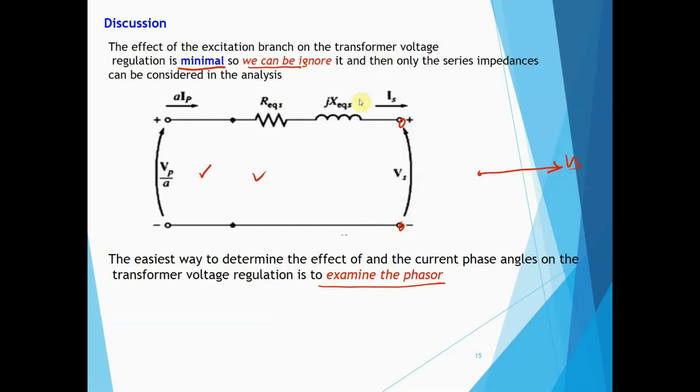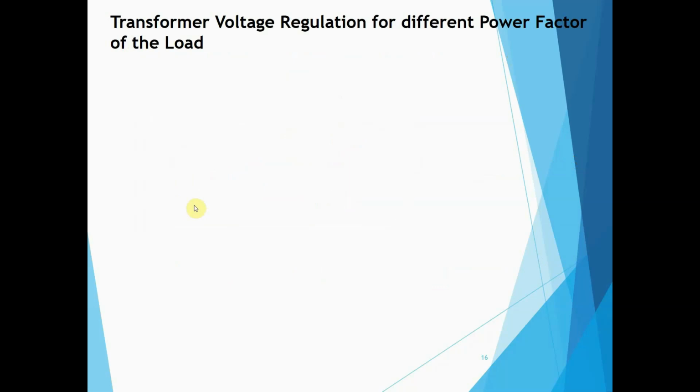Here we have a voltage VREQ, and here we have VXEQ. We can obtain a KVL, if you still remember Kirchhoff's voltage law, that the voltage inside the loop will be equal to 0. Okay, let's go to the next slide.